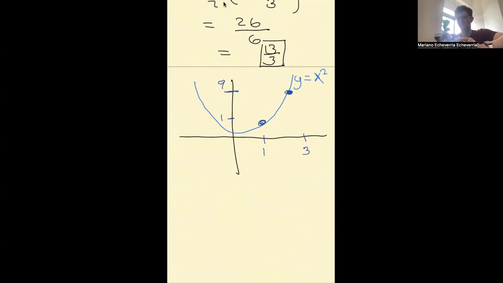That's like 4.33, sorry. So you see, the point that's midway between 9 and 1 would be 5.